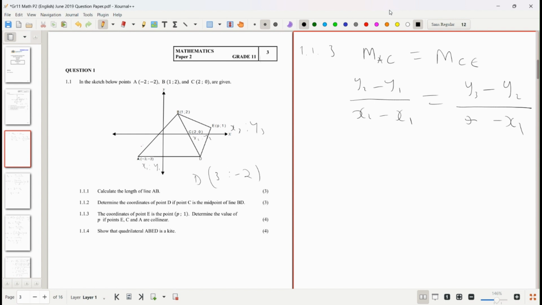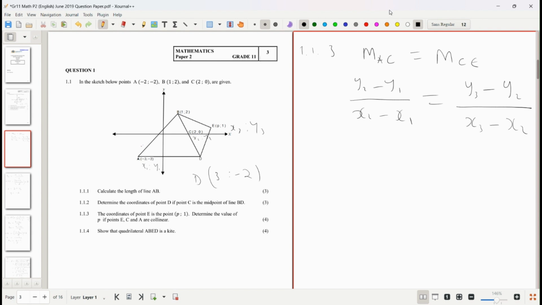Sorry about that. Okay, let me fix this. X3 minus x2. Sorry about that. It's x3 minus x2. So it's very important for you to name or label the coordinates so that you don't make a mistake, because you can see it's very easy to make a mistake.